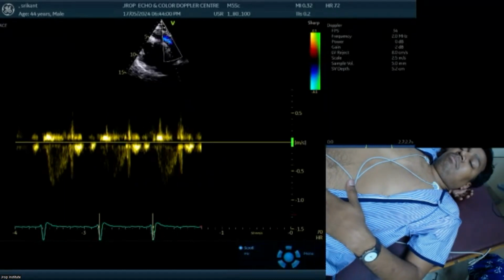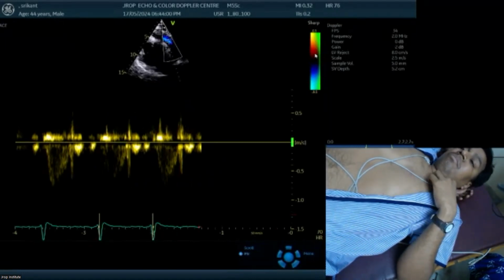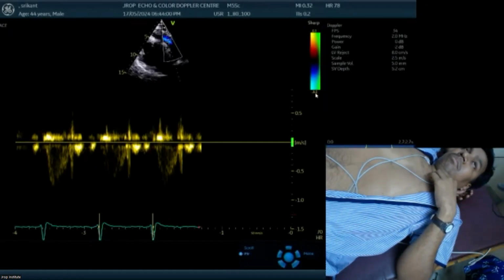An important part of color Doppler, as we told you earlier also, and the same thing right now: look at this color scale on the right side of the screen. This is red 61, blue 61 centimeters.